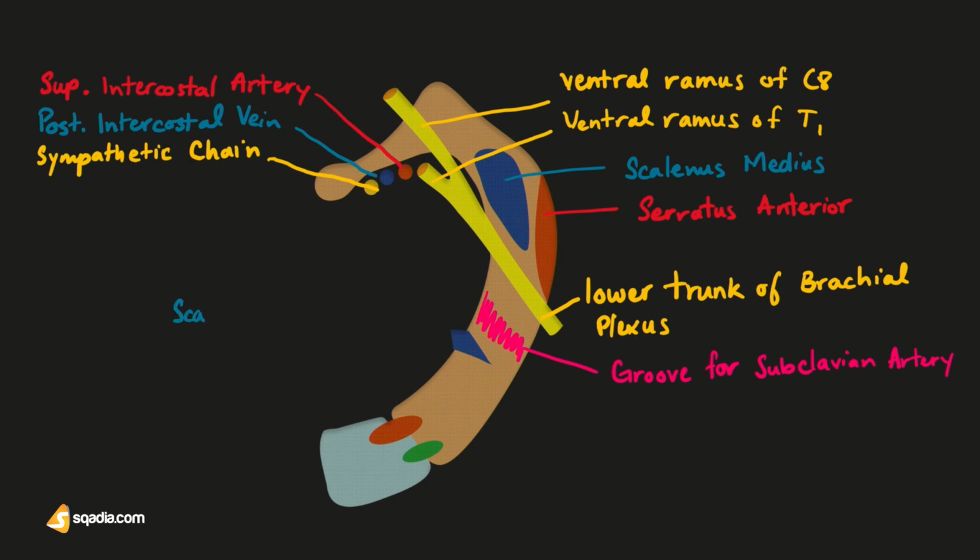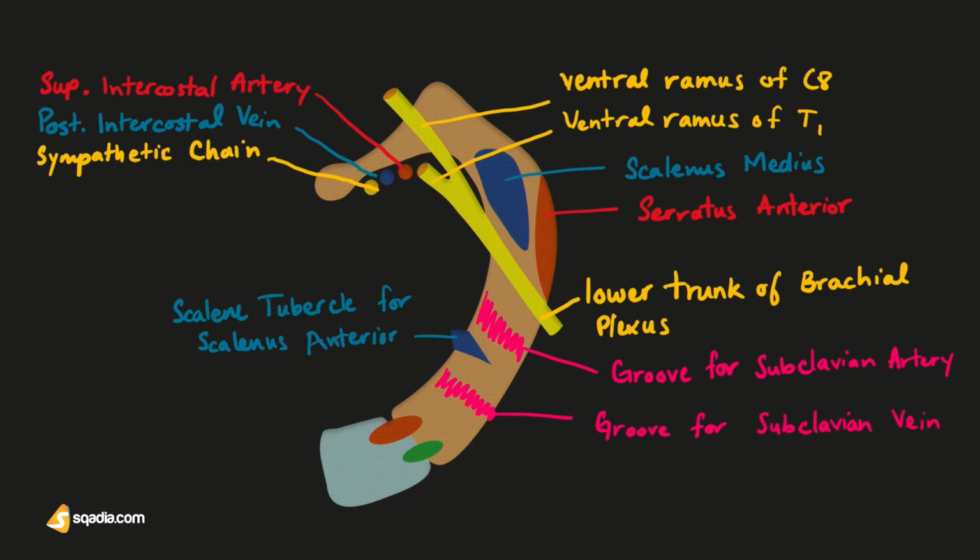This is the scalene tubercle for the scalenus anterior. And then we have another groove. This is a groove going from the outer border towards the inner border. Because remember, veins always travel towards the heart. So this is a groove for the subclavian vein.